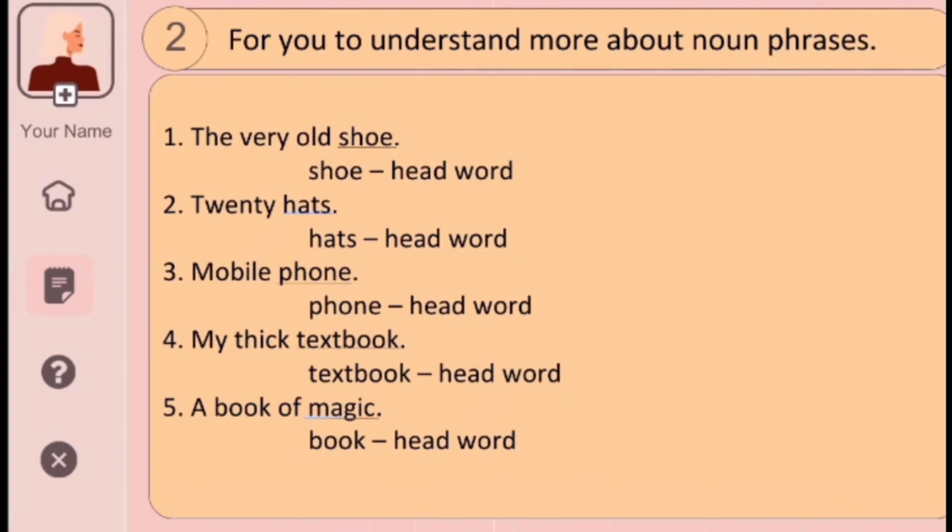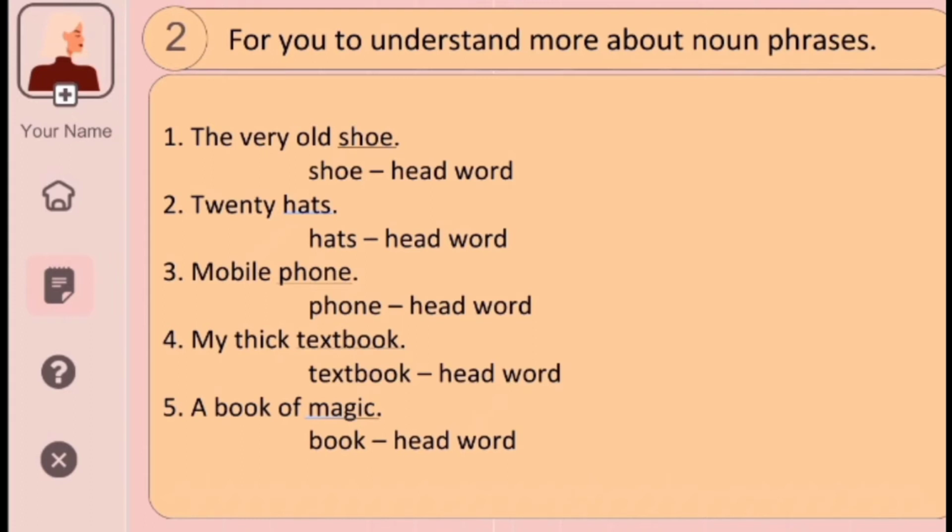It has a determiner, my, an adjective, thick, and then the head noun is textbook, and they're all pointing to it. So in number 1, the is the determiner, old is the adjective, and very is describing old, or modifying old, and old modifies the noun itself, shoe.